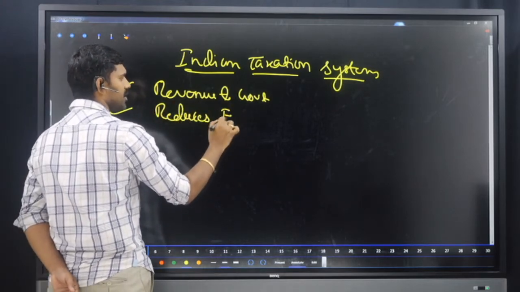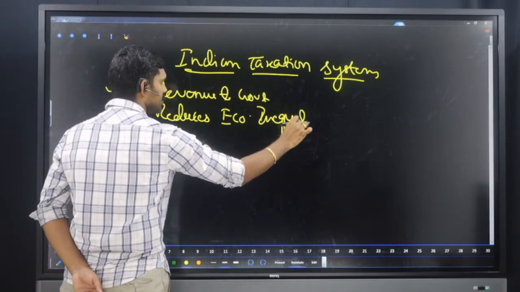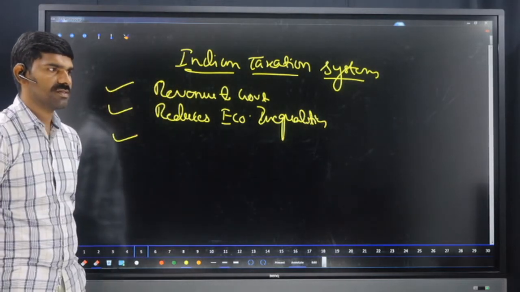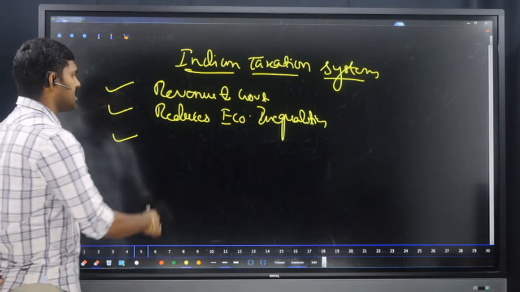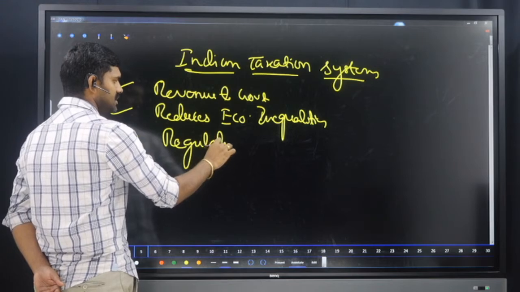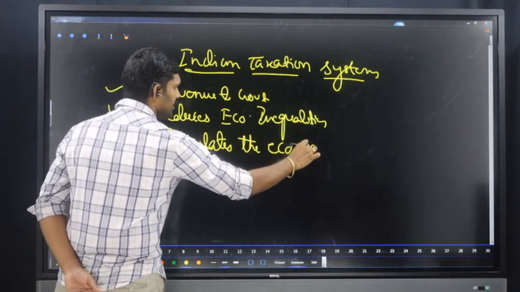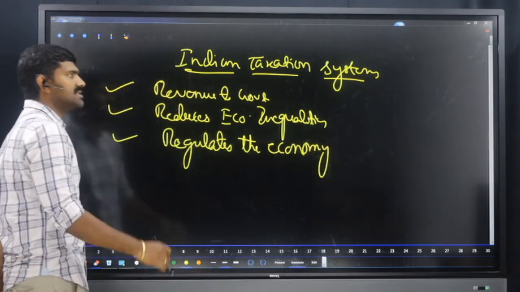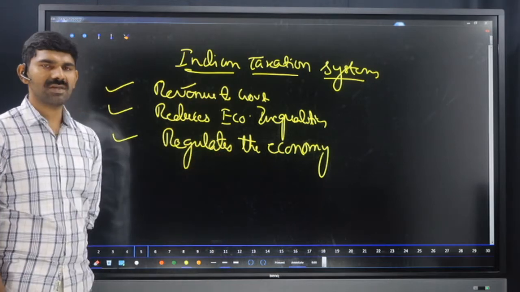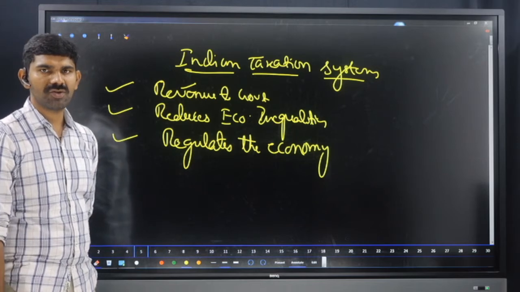And the third thing is that taxation regulates the economy. So these are the main benefits of taxation. The first is it generates revenue for the government. Whatever revenue the government wants, the government can get through taxation.